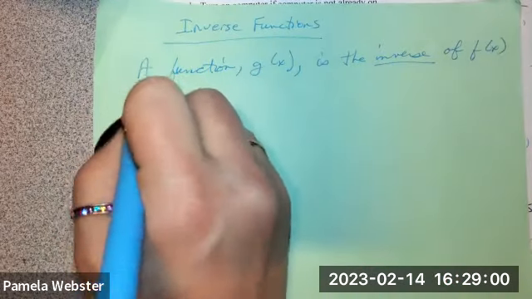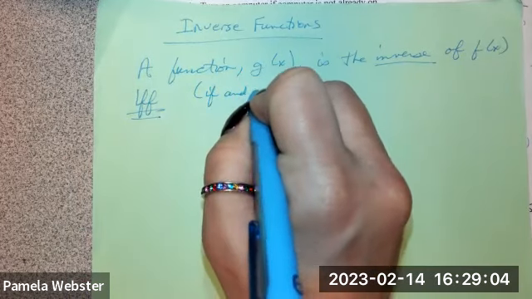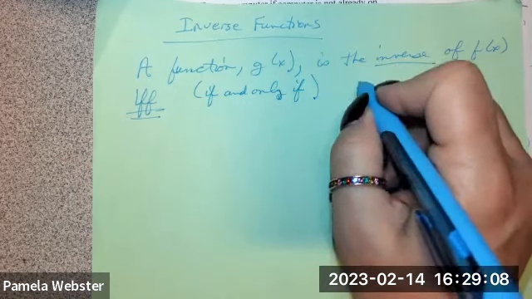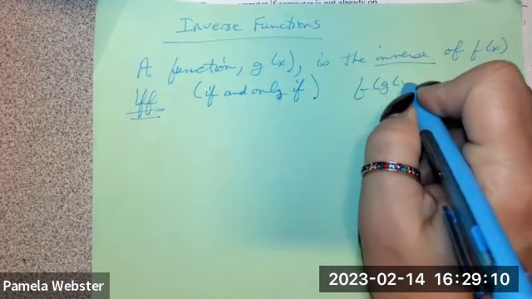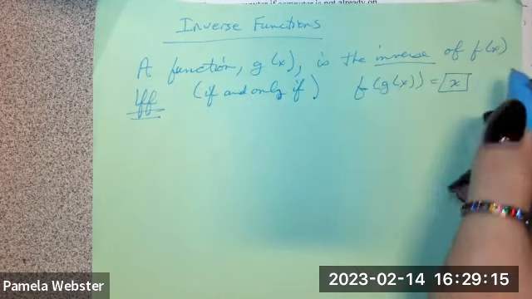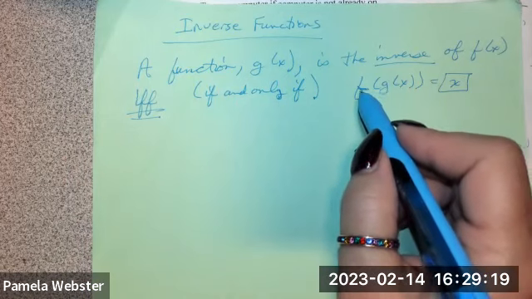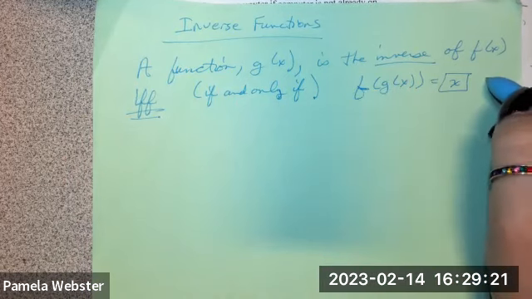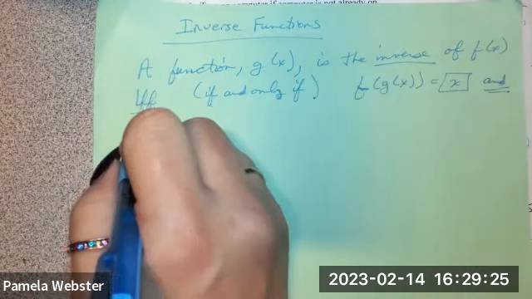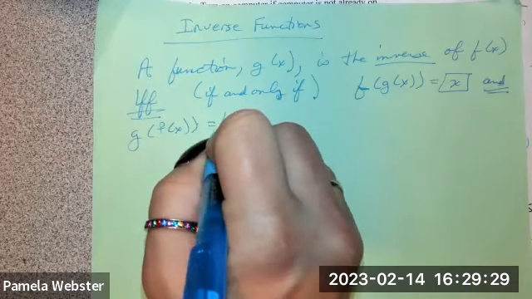And the math notation here is IFF, that stands for if and only if f composed of g of x is equal to x. So this is why we needed to do those combination problems first, so we can know what that looks like. So f composed of g of x equals x, and g composed of f of x equals x.